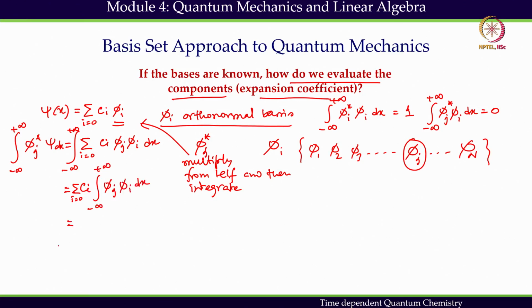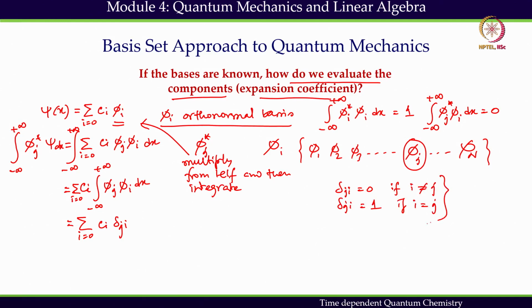So, this summation is now C_i times delta_ji. All values of delta_ji would be 0 if i does not equal j, but delta_ji would be 1 if i equals j.